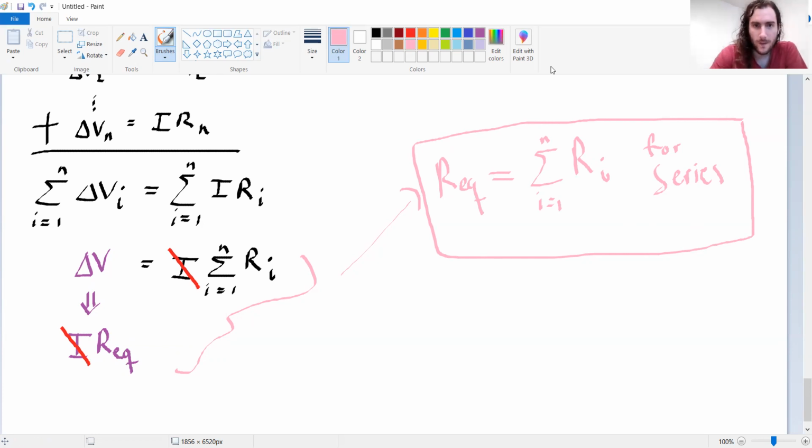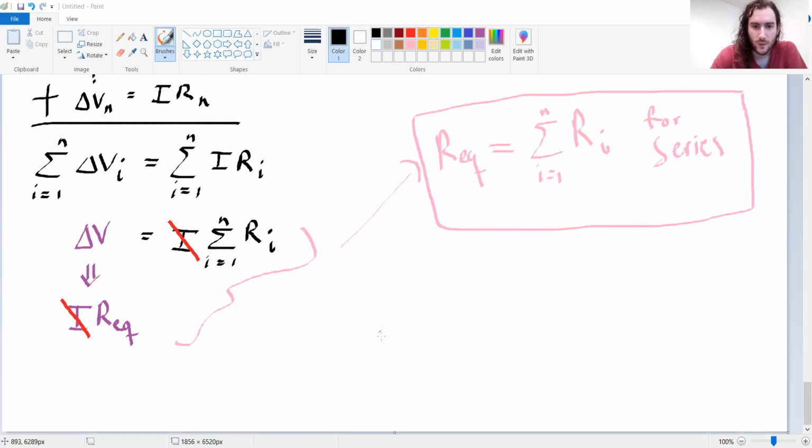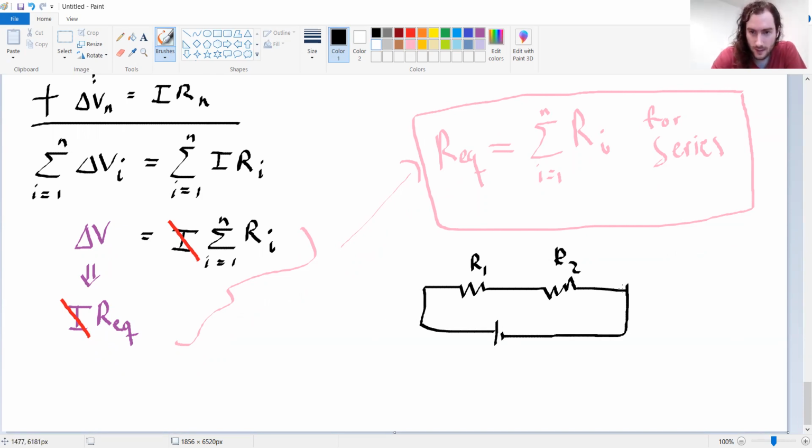So now let's do that same example that I told you guys before, where we have two resistors connected in series, like so. So R1 and R2 connected to some, let's say, 12-volt source.